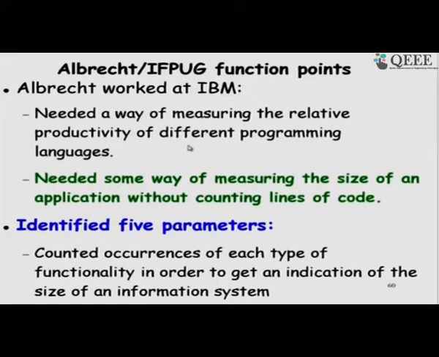But just counting the number of functions is not a good way of measuring size, because these functionalities vary widely in complexity. So, with that intuition, he identified 5 parameters.